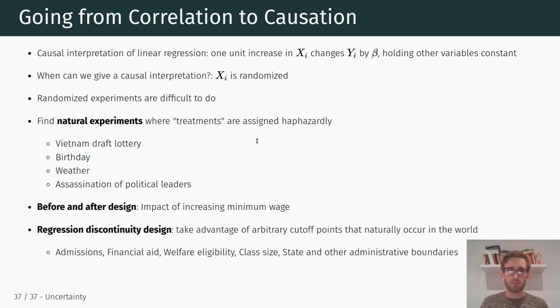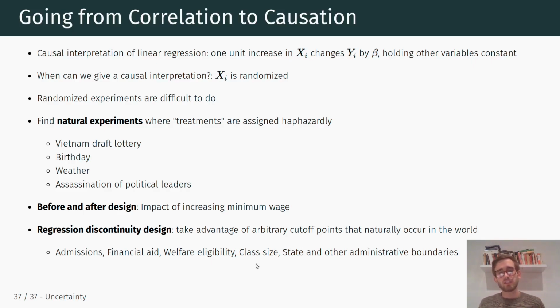But there are other examples. I mentioned admissions, financial aid, welfare eligibility, and so on, which are all examples of arbitrary cutoffs based on some selection variable that you can use in the context of regression discontinuity designs.